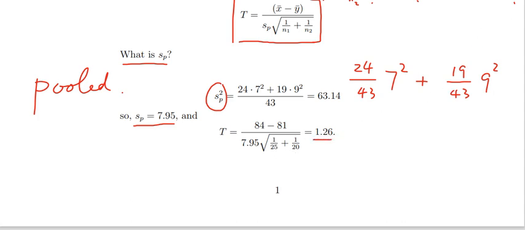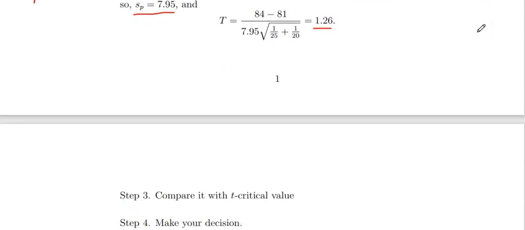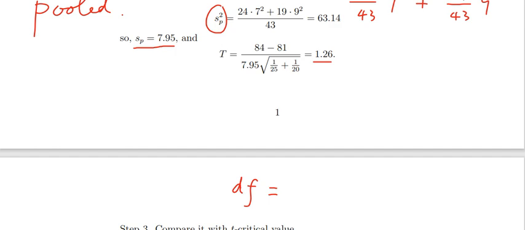Then we determine whether this is a big number or a small number. We need to find the t critical value and compare this with it. We get this t critical value from the t table. For the t table, first, what is the degree of freedom? The degree of freedom in this case is 43, right?